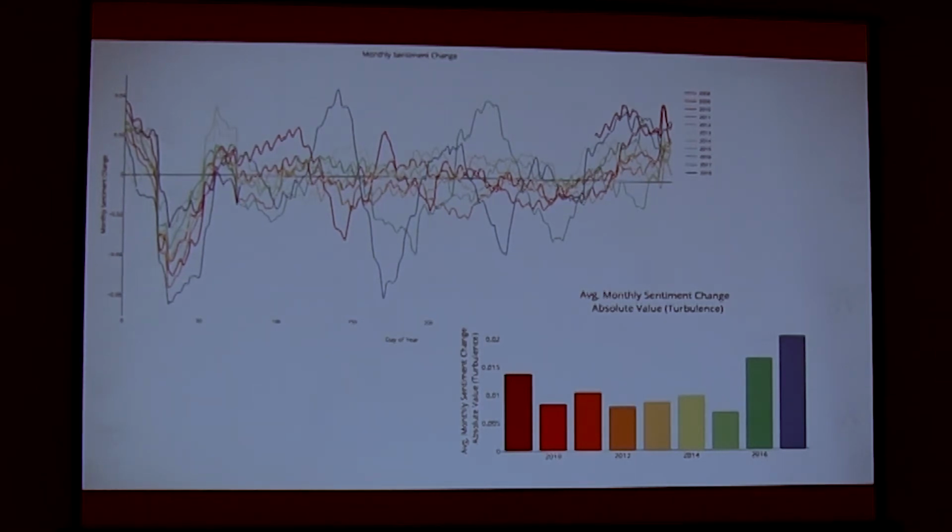So this is an example of taking that same Twitter data that I showed before. We took the ambient sentiment, or the average sentiment on a rolling basis, broke it up into years, plotted those years on top of one another, and then looked at the sentiment turbulence, so the amount that the sentiment was changing in that window as an absolute value.